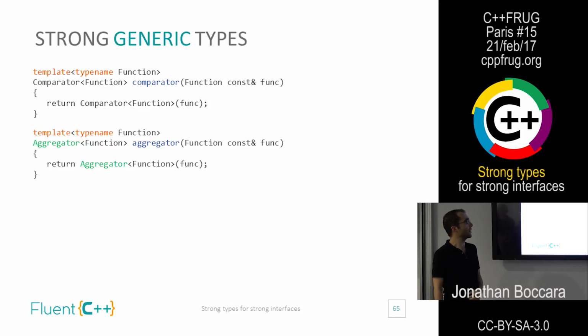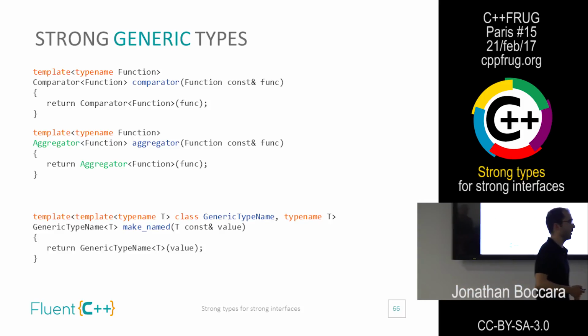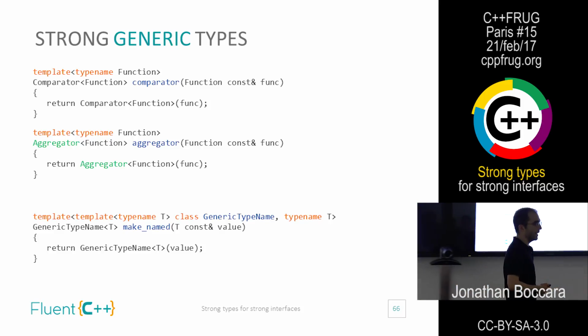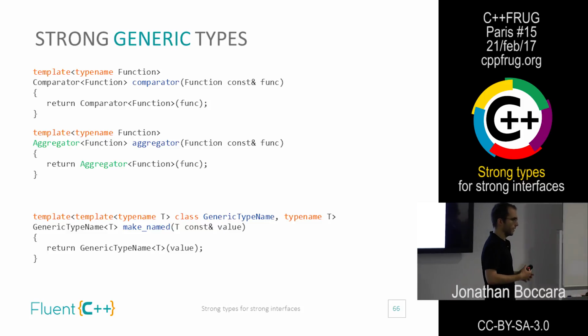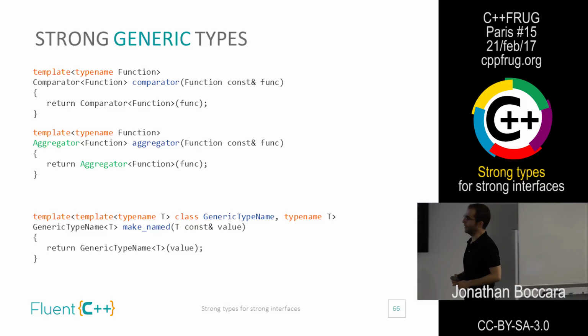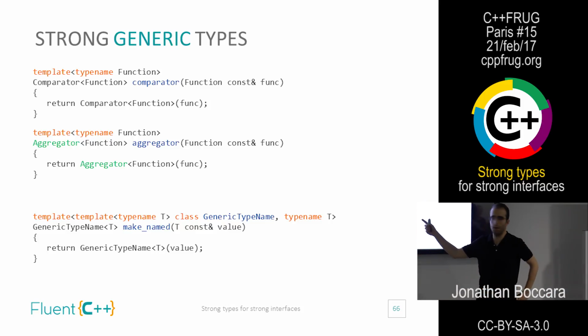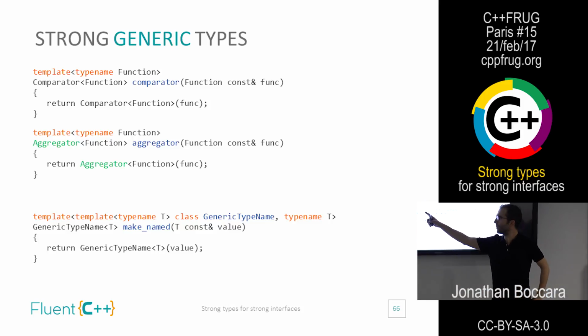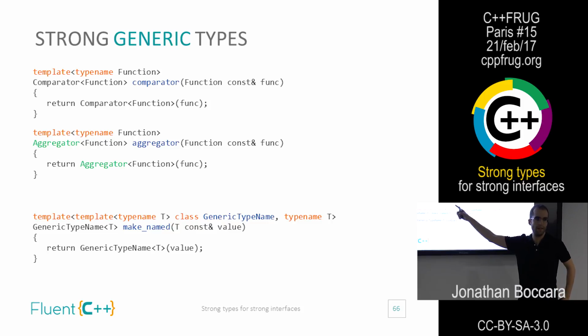Of course, comparator and aggregator have some commonalities, and we want to make something that's more generic, which is quite easy to do by just replacing functions by T, really, and returning a NamedType, right? If you're thrown off by this template<typename T, template<typename> class>, it is just a template parameter, except it's not just a type, it's a template, right?